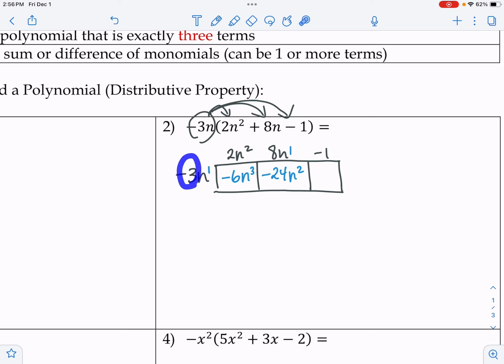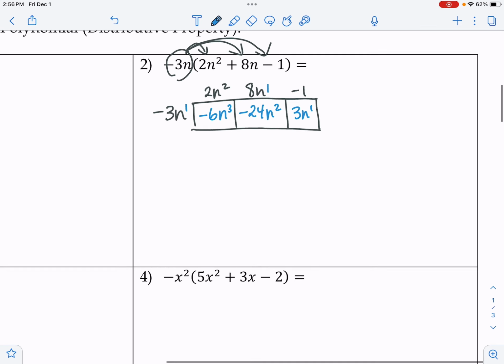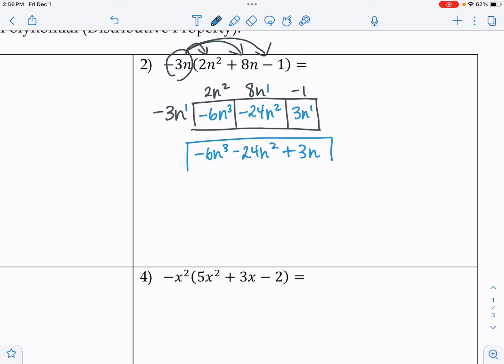Careful on this one. Negative 3 times negative 1 is positive 3. And then we still have the n1. So our final answer would be negative 6n cubed minus 24n squared. And since it's positive, plus 3n. You have to put a plus sign if it's positive so that you have an operation.